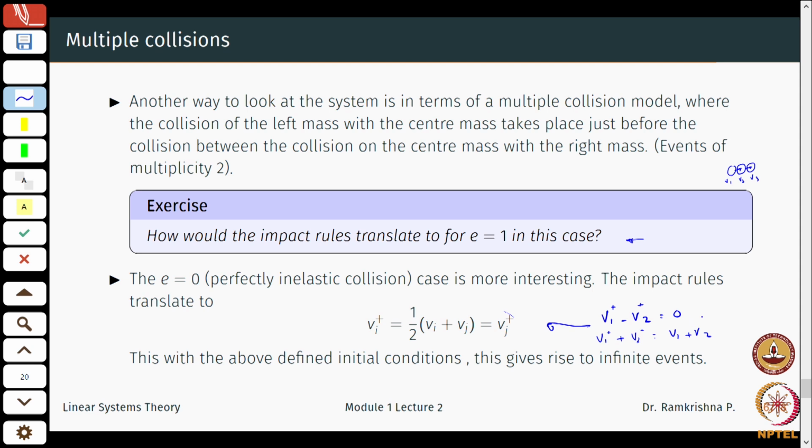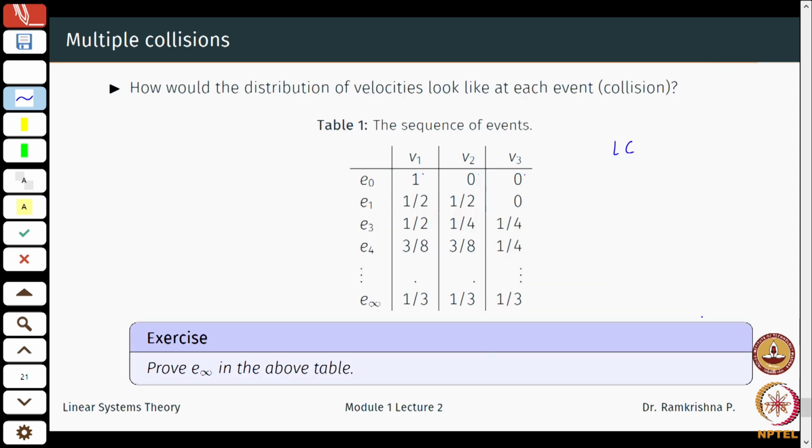In the second event, the center and the right collide. Nothing will happen to this velocity, but I am looking at events between these two, so the velocities will just be half of it, 1 by 4 and 1 by 4. The next event is when the left collides with the center, and the center collides with the right.